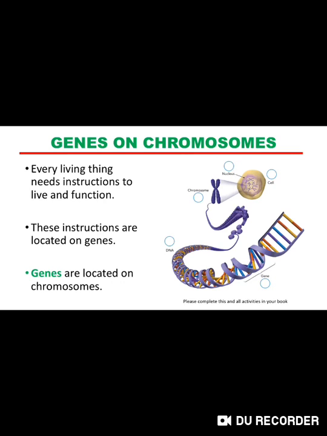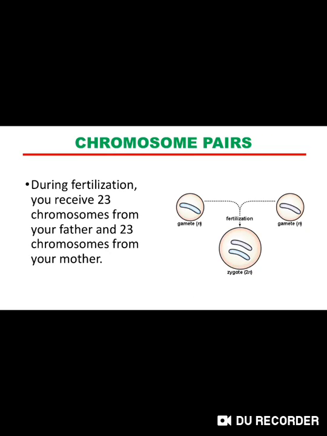Inside the cell, we are going to find a chromosome, and inside the chromosome, we are going to find genes. This is a picture from your book. Please complete this and all the activities in your book, and you are going to send me an image to our Google Classroom.